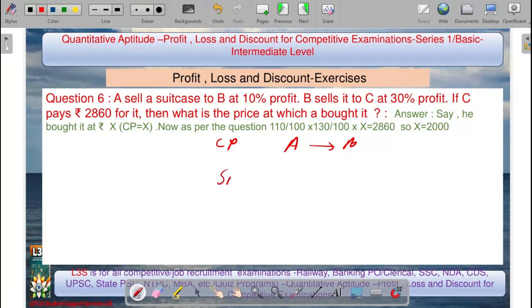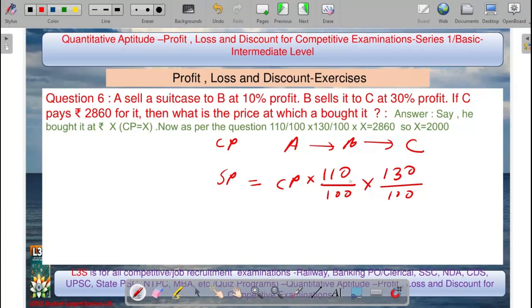At what price? Sell price will be CP into, first, 10% profit, so that will be 110 by 100. This is what he sells to B. Then B to C, again at 30% profit, that will be 130 by 100.